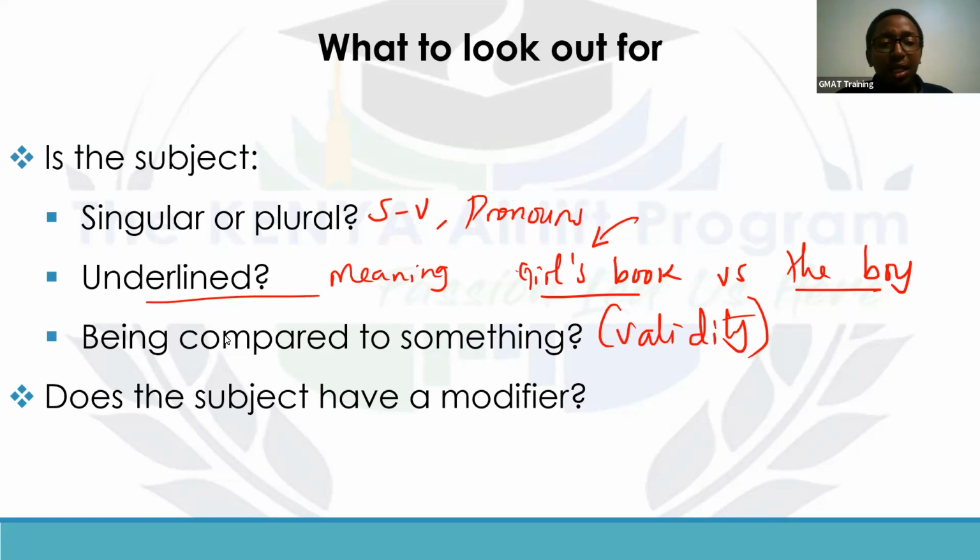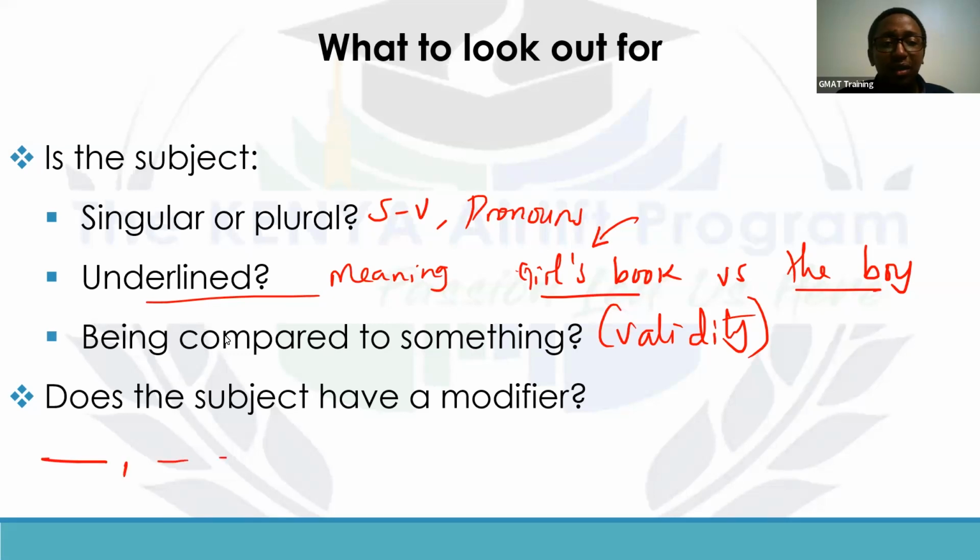And then, does the subject have a modifier? Sometimes, because the sentences in sentence correction are quite lengthy, the modifier may distract you and you forget the subject that comes before the modifier.